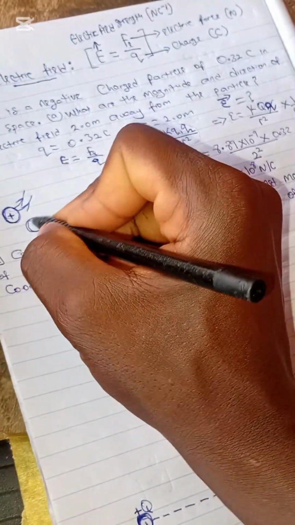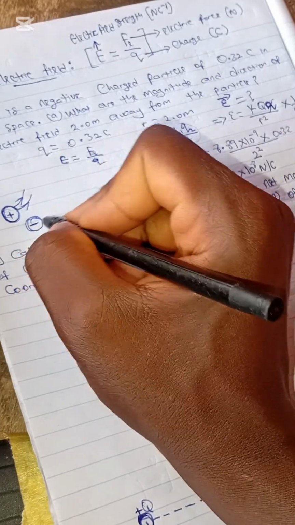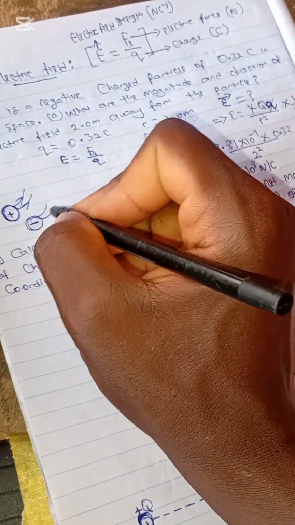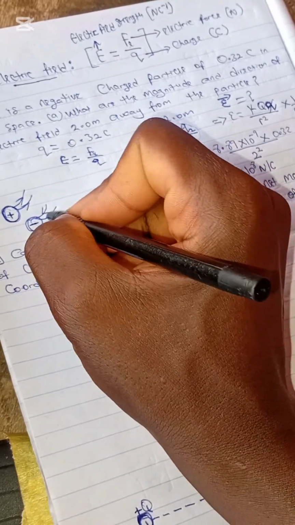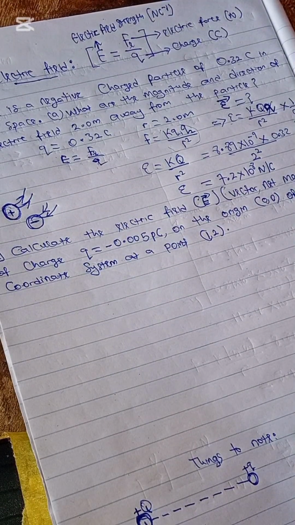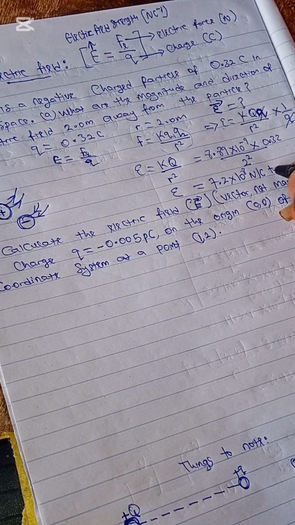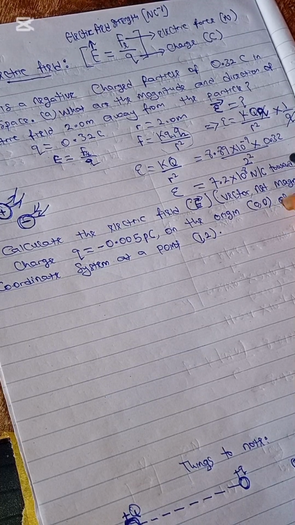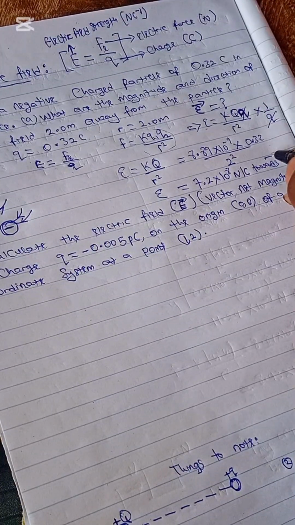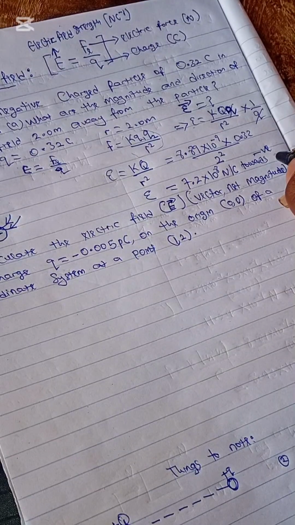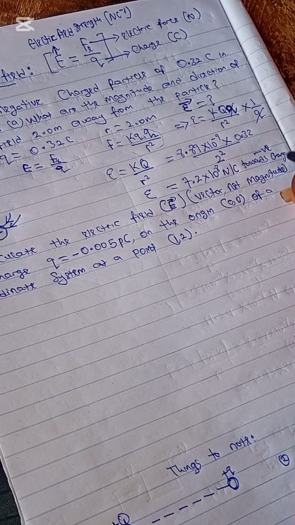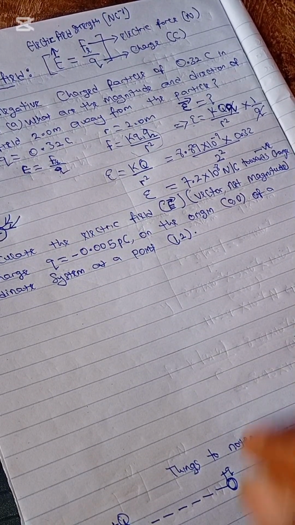For a negative charge, the direction of the field will be towards it. Are we together? So now, if you have to find the direction of this guy, it will be towards the negative charge. So that's the direction of the field.